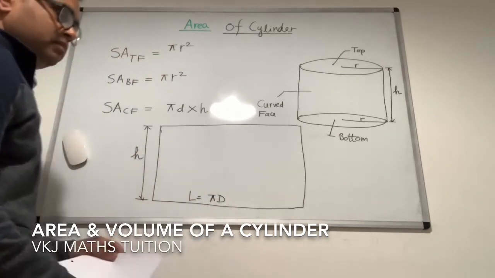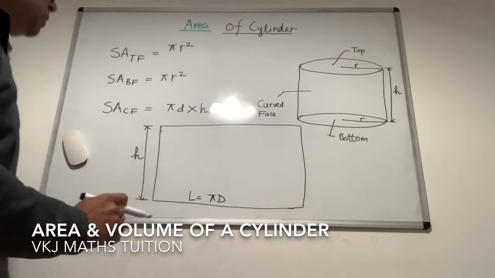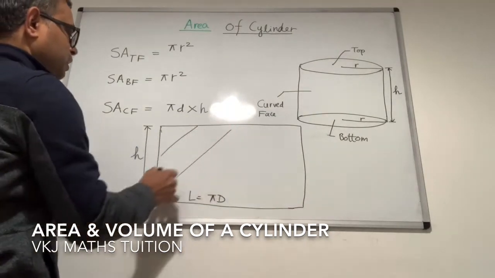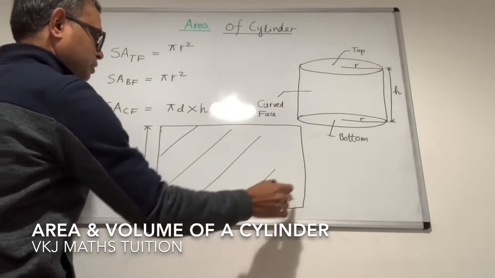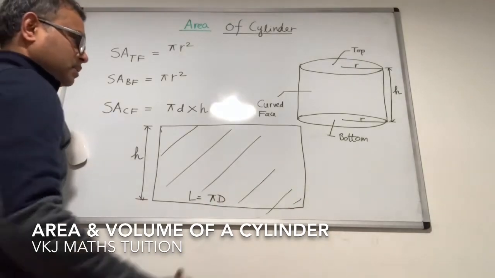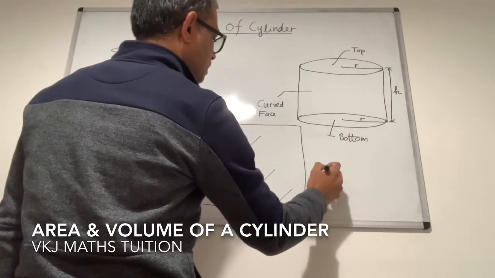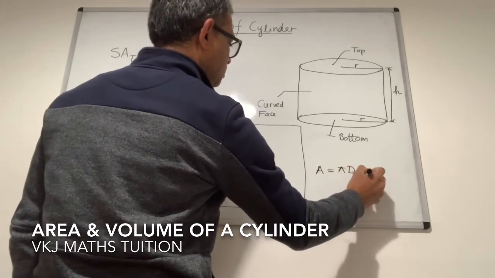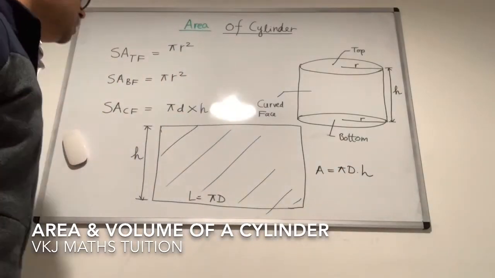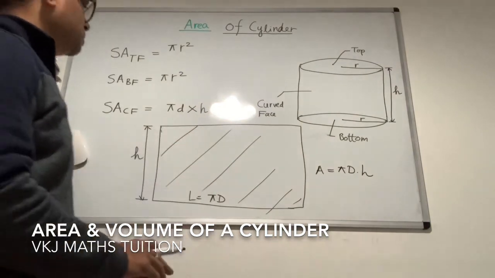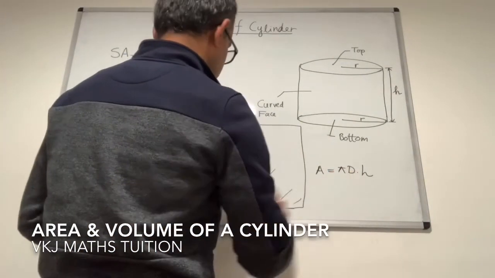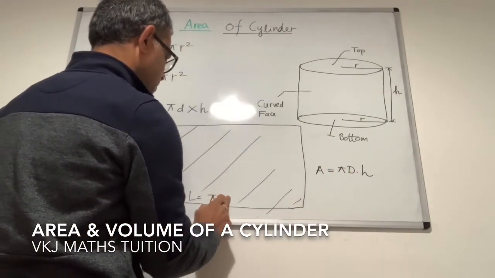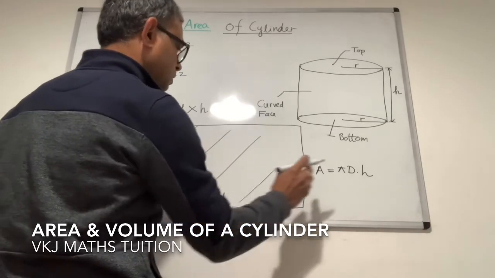And then what would be the area of this rectangle? Pi times d times height. So the area of this rectangle is equal to pi d into height. I have used d in a different denomination, but use the same d; don't confuse it.